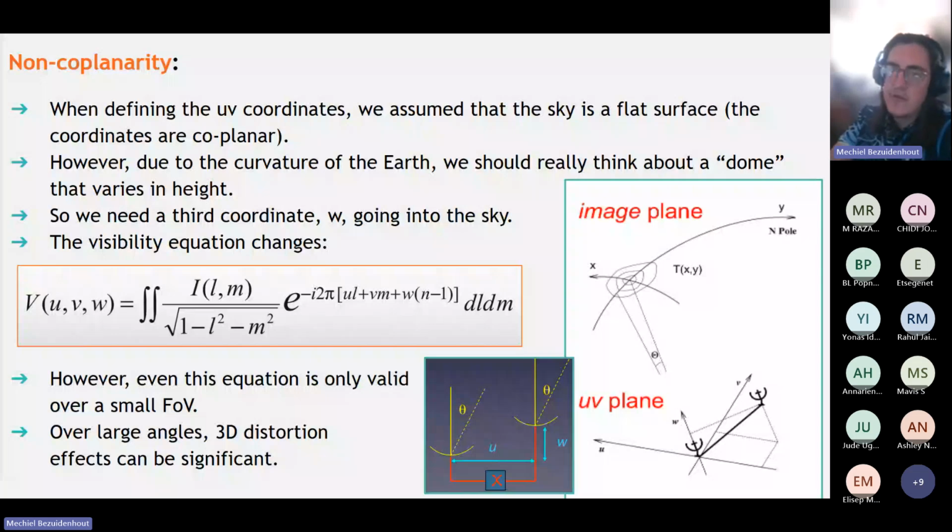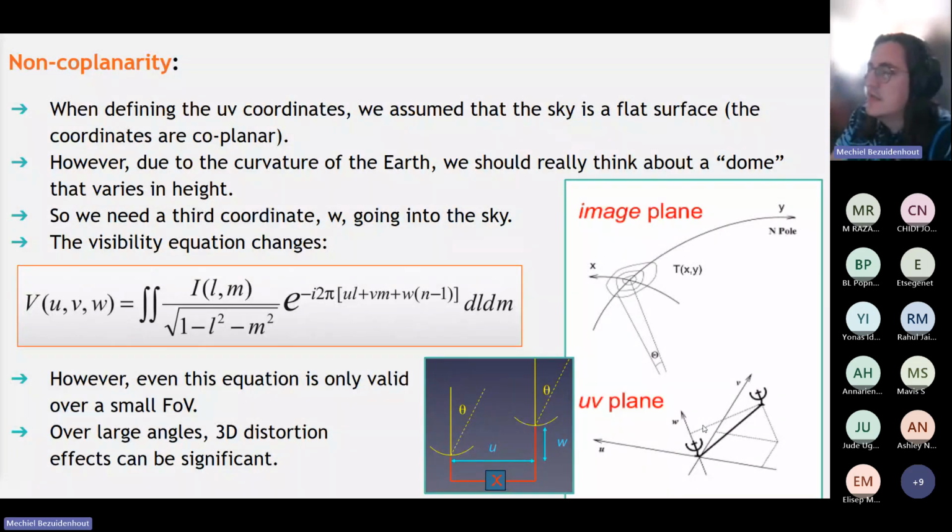However, due to the curvature of the Earth, we should really be thinking about a dome above the sky that's varying with height. And so if we want to be precise, and if we are observing over a wide field, it becomes more important. So we need to include a third coordinate, which is the W coordinate. You can see on the bottom right here, which is perpendicular to the UV plane and going into the sky.